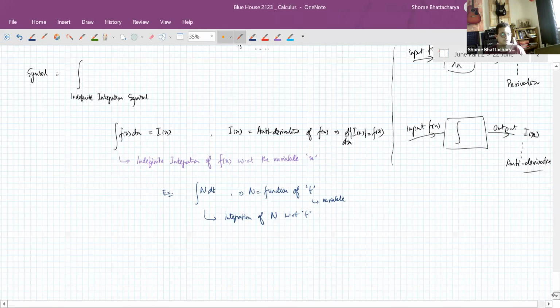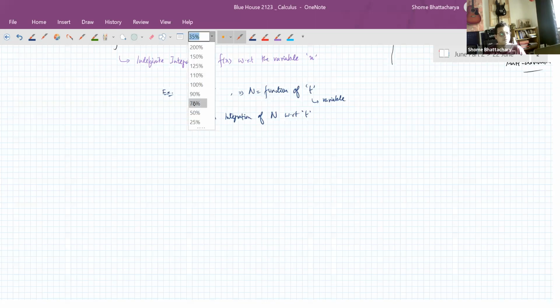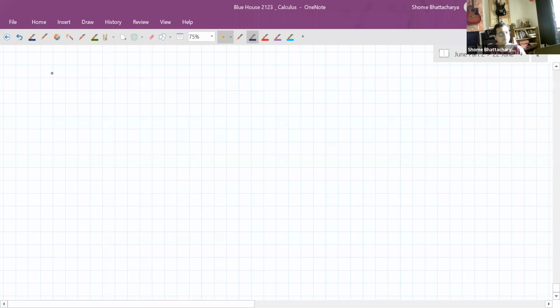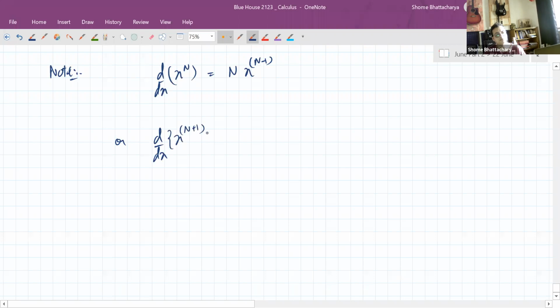So that now brings us to our first formula of integration. This is actually very simple. We know that differentiation of x to the power n is given by the formula n x to the power n minus 1. Or we can say that differentiation of x to the power n plus 1, suppose I take the value of n as n plus 1, will be n plus 1 into x to the power n.